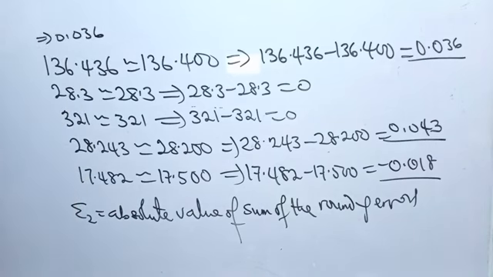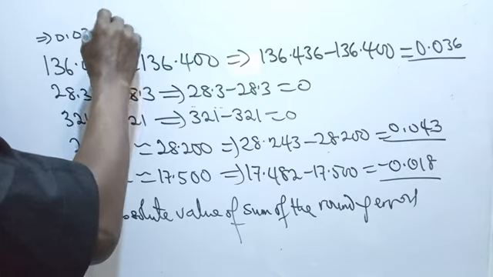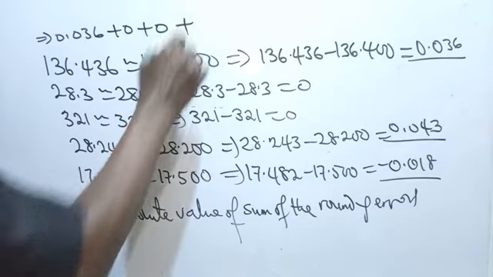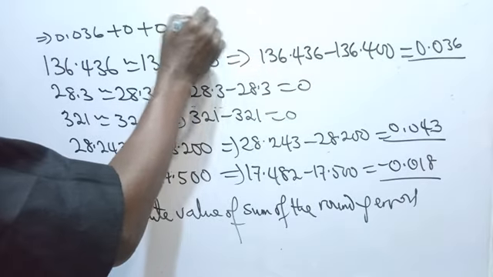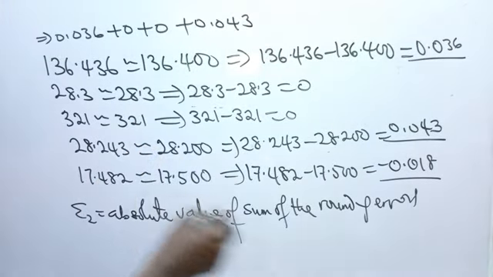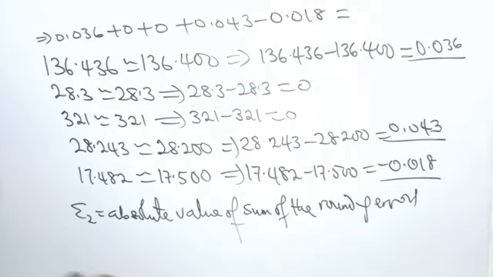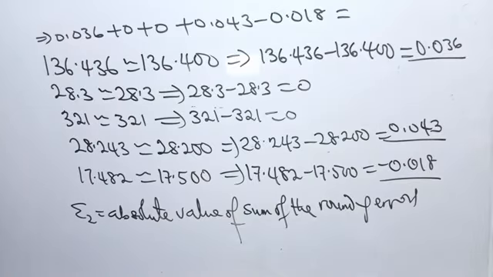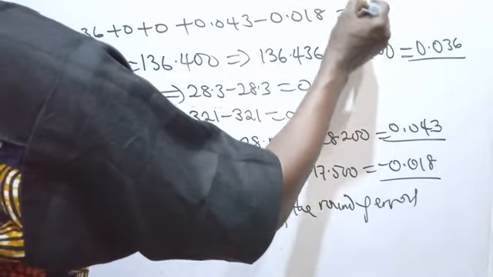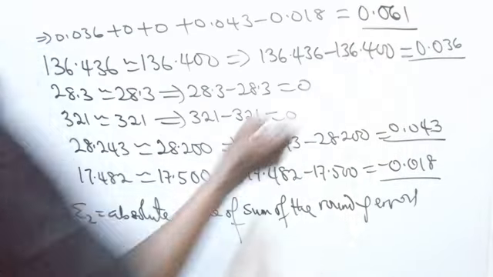Now we have 0.036, plus 0, plus 0, plus 0.043, then minus 0.018. Let's add that. If we add that, what are we going to get? 0.061. So we have everything together.